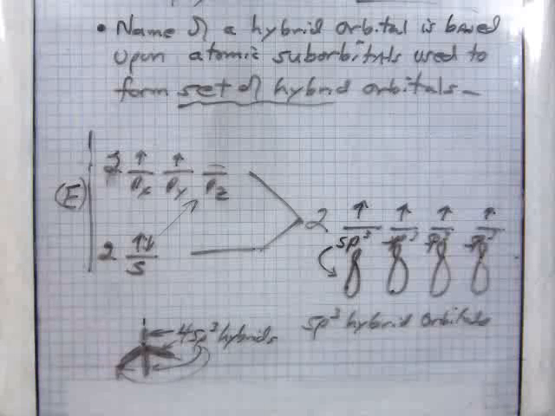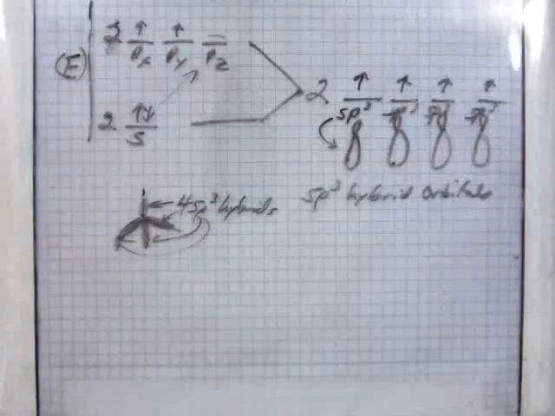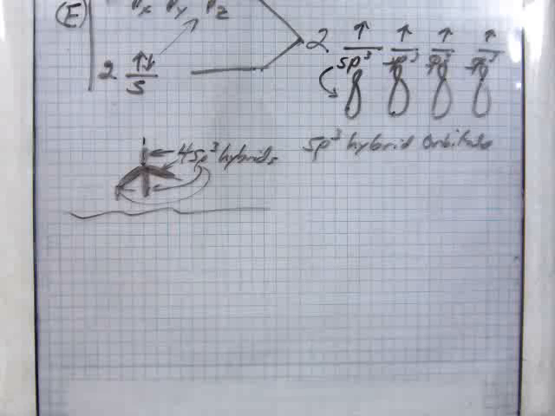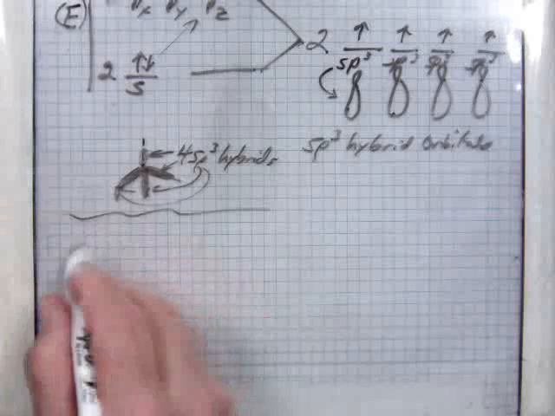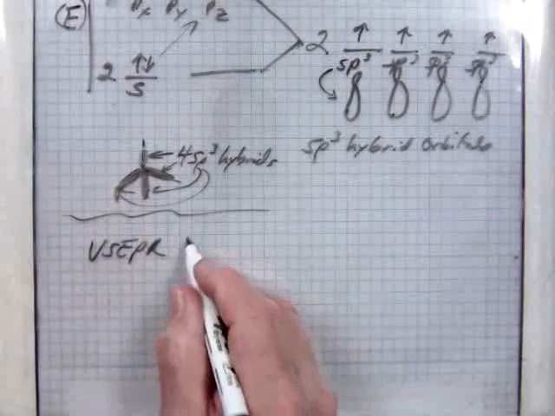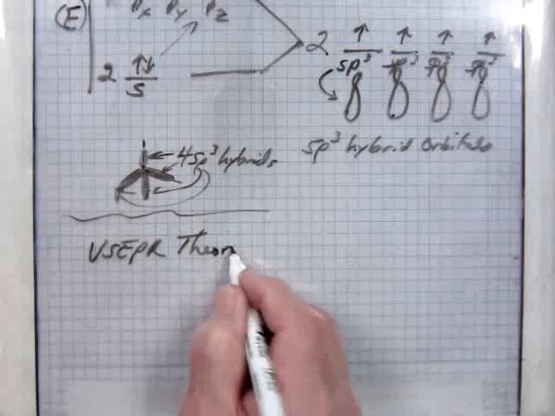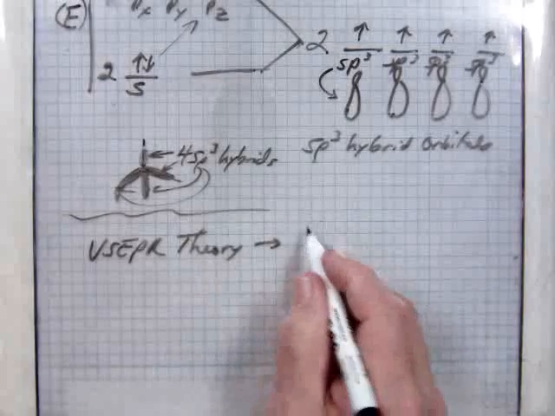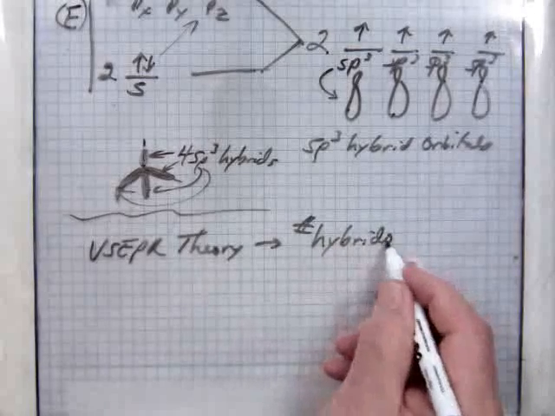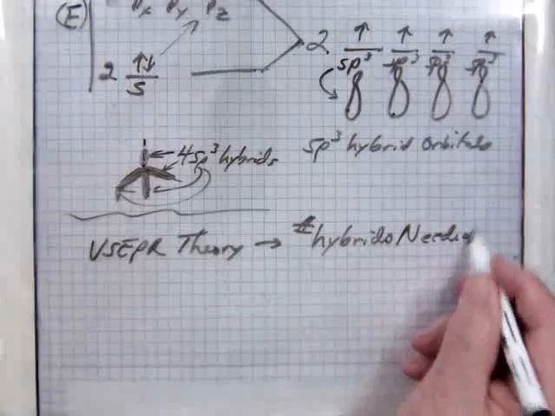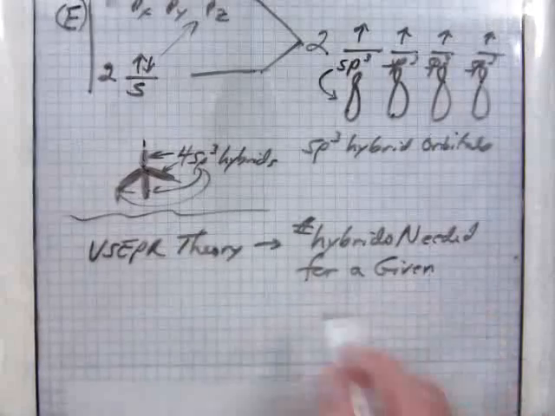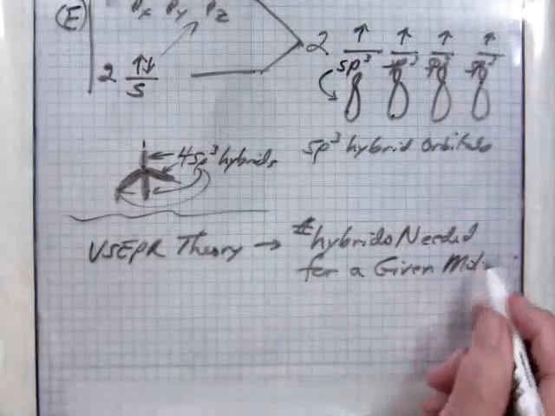Now, having said this, we will use the VSEPR theory to define how many hybrids we need. So VSEPR analysis, or theory, gives us the number of hybrids needed for a given molecular formula.